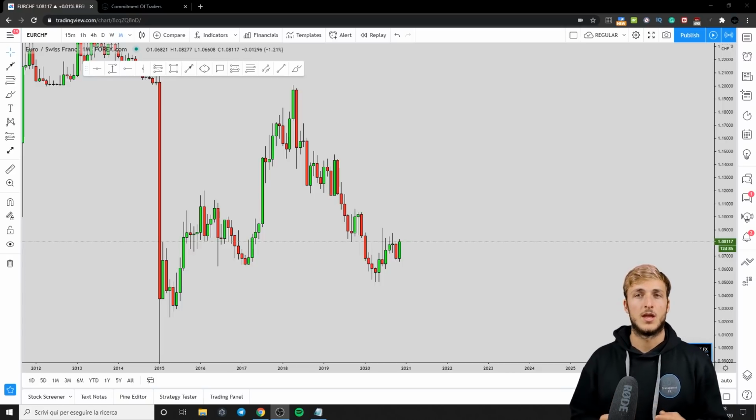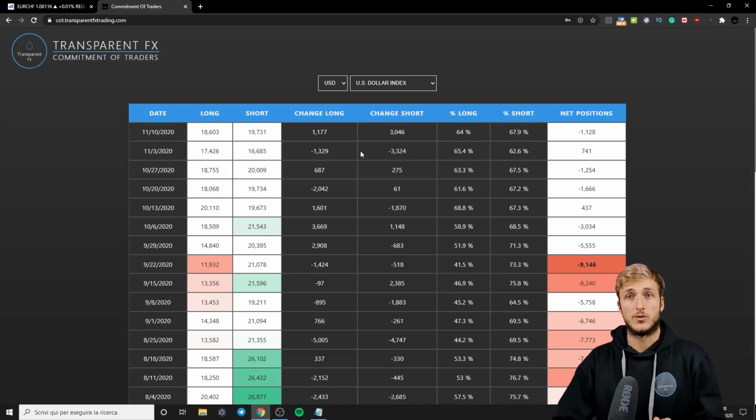Now, what I will be doing is, as usual, keeping the analysis as educational as possible. So first, we will be speaking about the technical side of the market. I will then go and see what I have both from a Euro and a CHF perspective from a COT data point of view. So commitment of traders, which is what hedge funds are currently doing in the market.